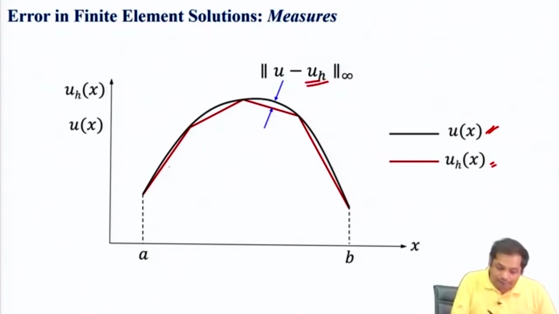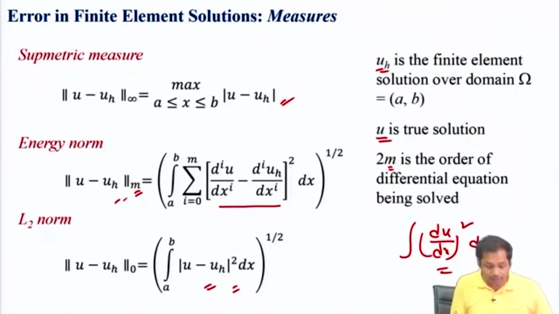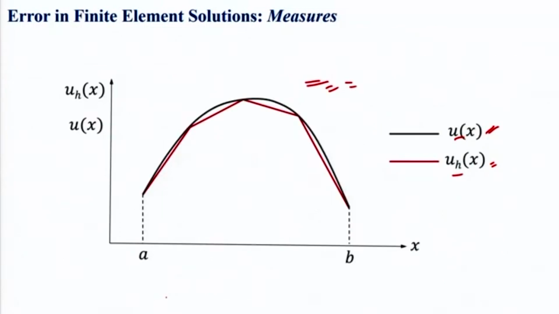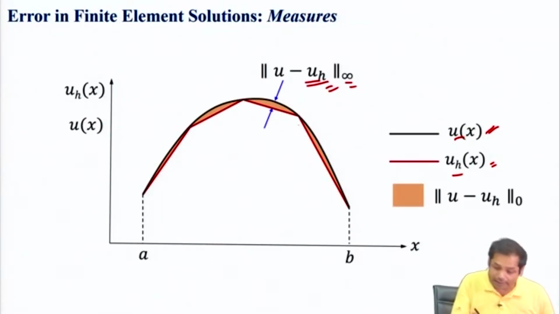At different points, wherever it is maximum, the maximum deviation between u and uh is this, and this is how it is represented. Okay. And what is L2? The L2 norm is this integrated over the entire domain. The shaded area you can see, that is the L2 norm.